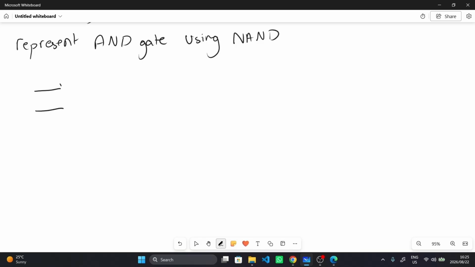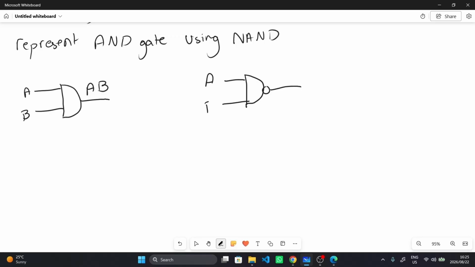You have your AND gate, you have your A and B, and then you have A times B, right? And we want to represent this using NAND gate only. So how do we do it? This one is quite simple. First, let's just draw our NAND gate.